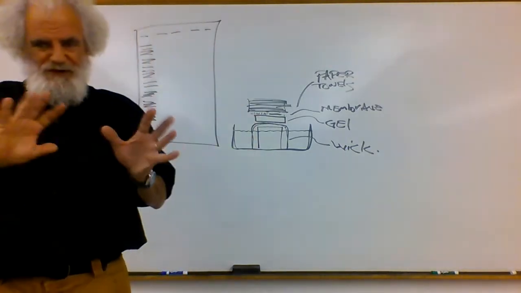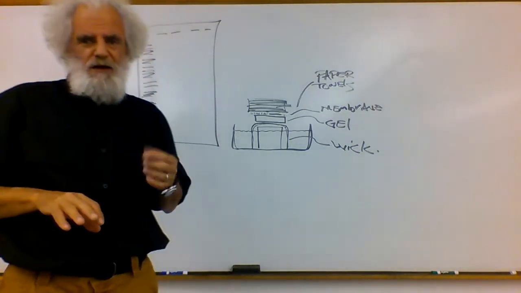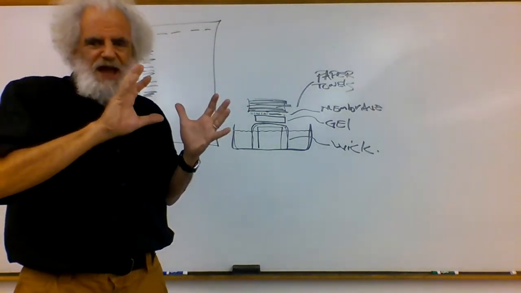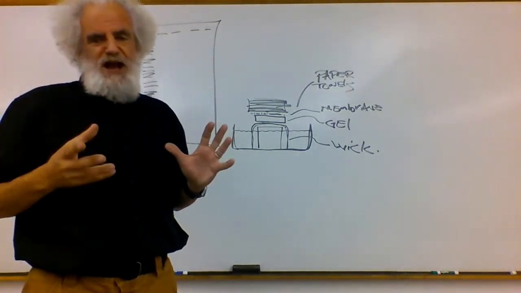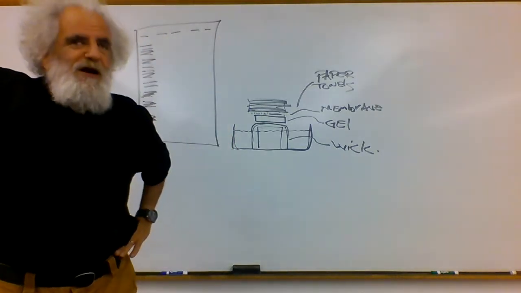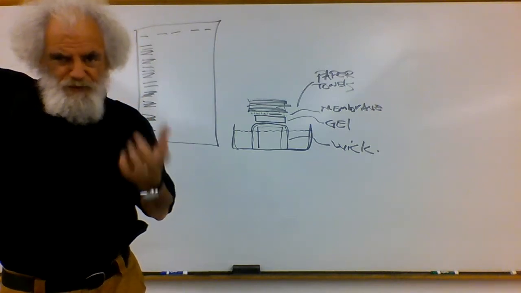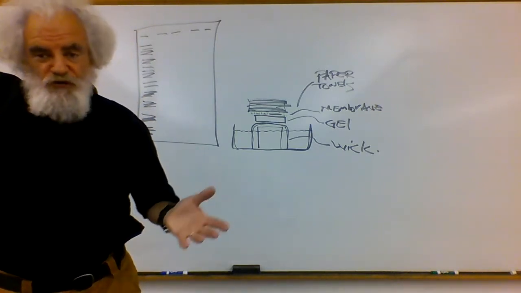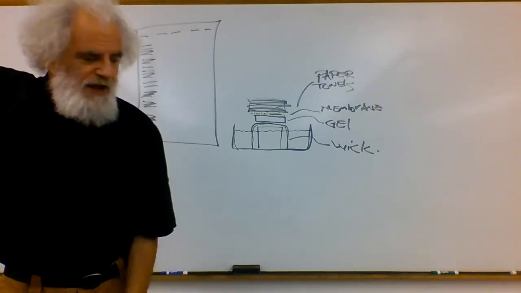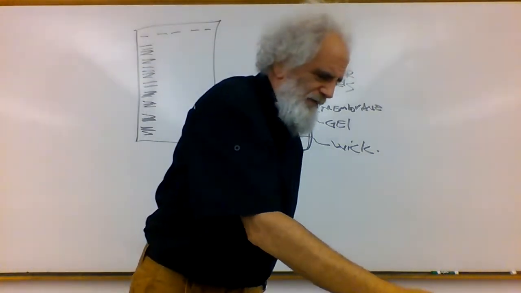Now, just to say, the reason I was getting backwards is that this was the way that it was originally designed. And I'm looking over here at my set of books, the Molecular Cloning lab manual from Cold Spring Harbor. It became sort of the Bible for everybody. And this is the way to do it.